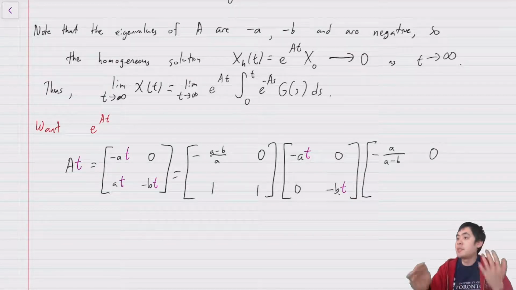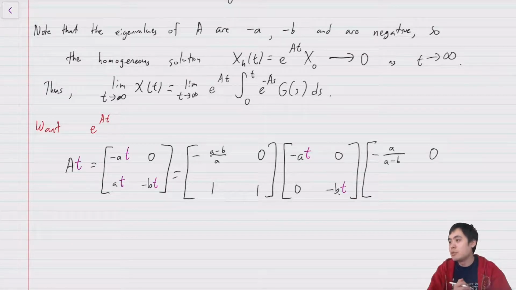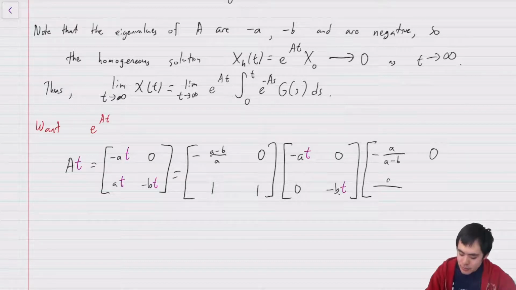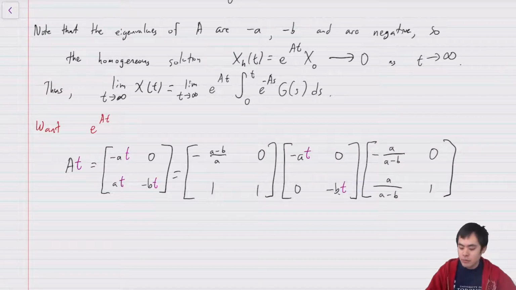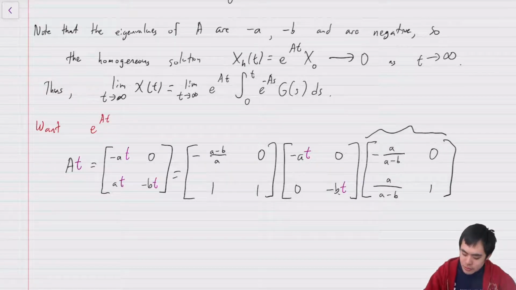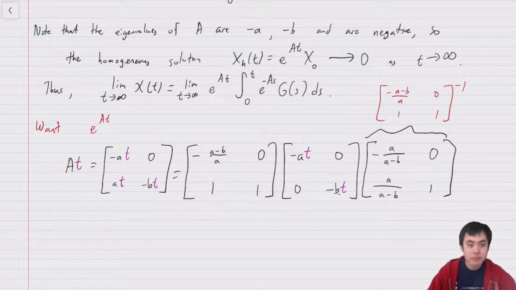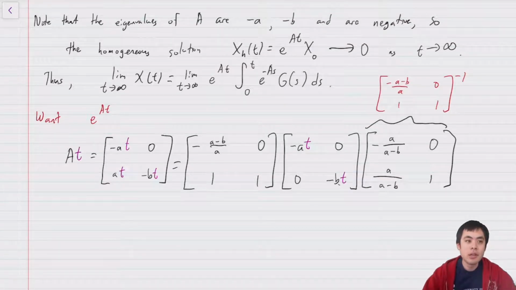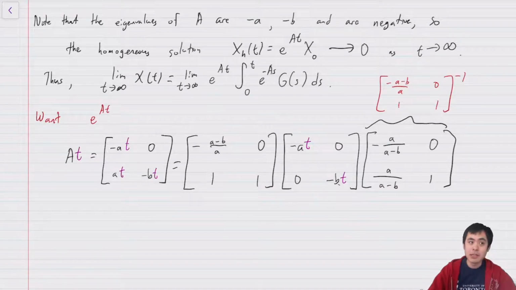This makes sense because you're just multiplying everything by t, which means you're scaling all the eigenvalues by some value t, and you're not actually changing anything else about the matrix structure. Then a over a minus b, 1. This happens to be the inverse of minus a minus b over a, 0, 1, 1 inverse. I'm not going to multiply it out, but when you multiply this all out, you'll see that this is actually an eigendecomposition, and you end up getting a diagonal matrix.